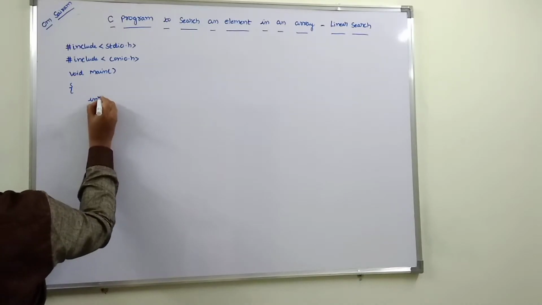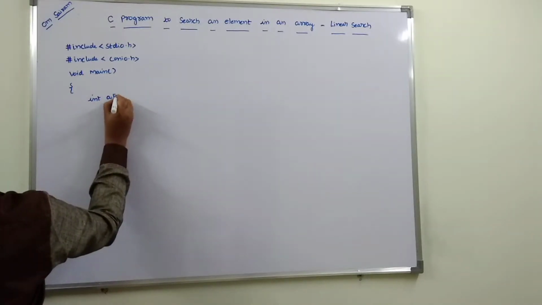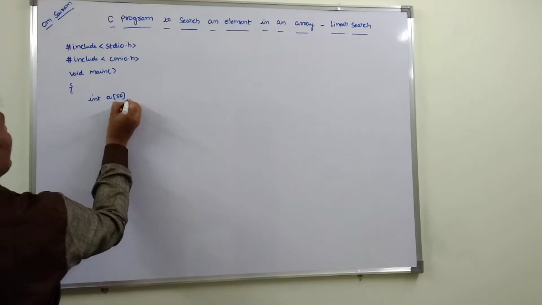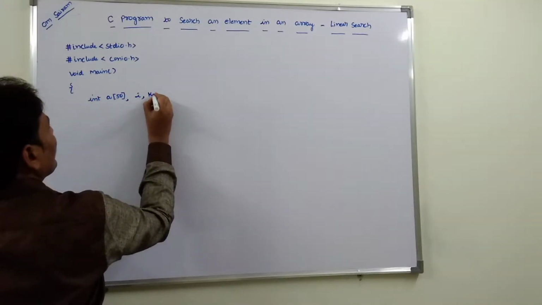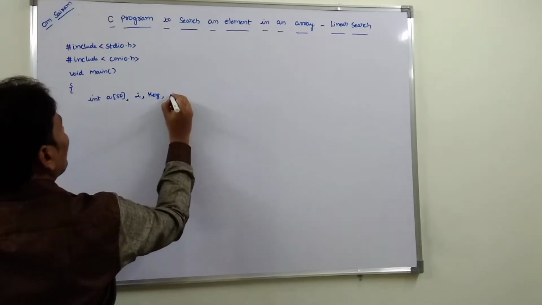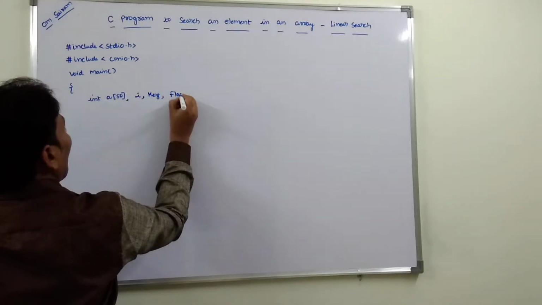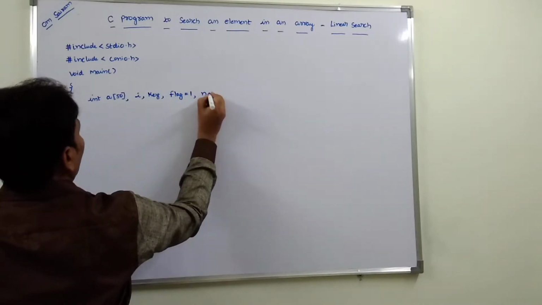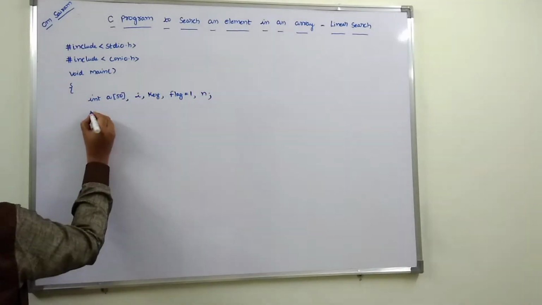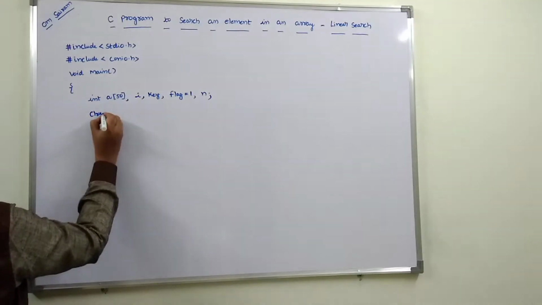So int a of 50 comma I comma key comma flag is equal to 1 comma n. Then clrscr.